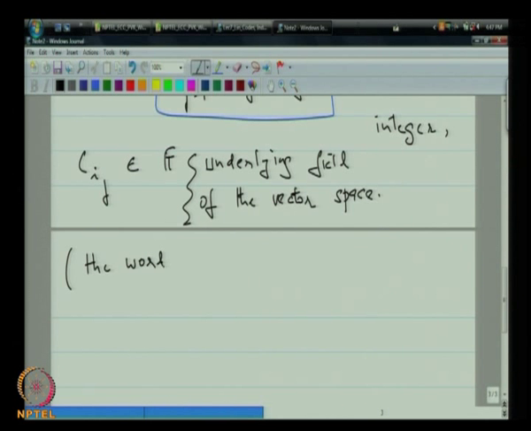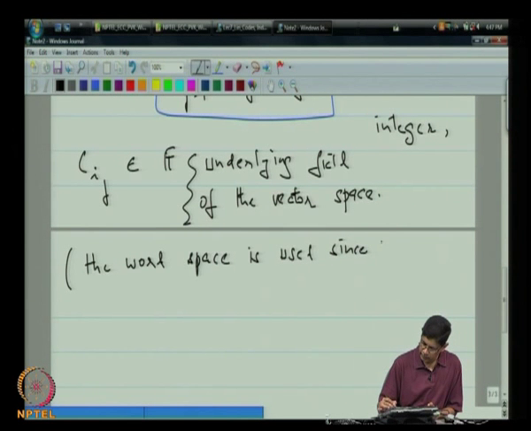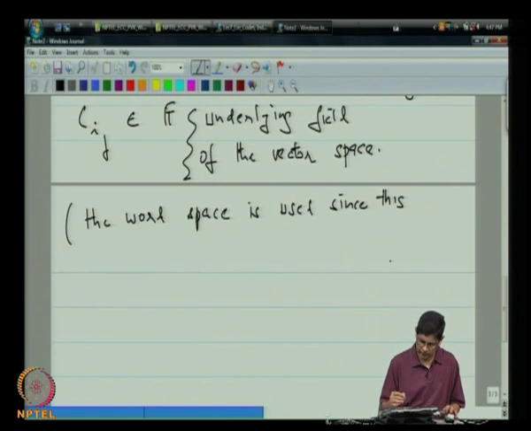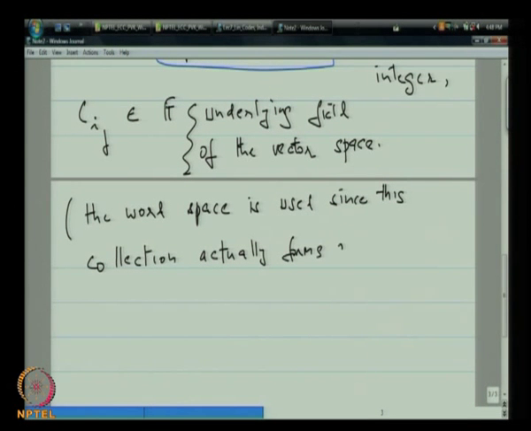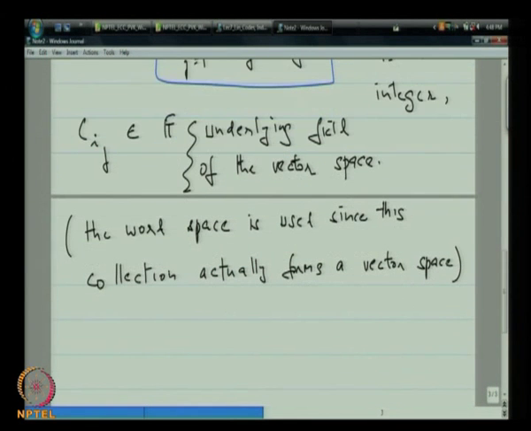The word space is used since this collection actually forms a vector space. And you can verify that as an exercise.